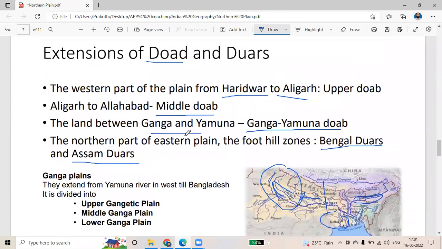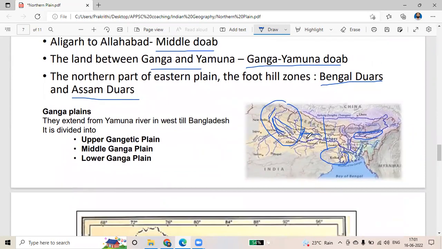Eastern plains में एक और division दिया है for the Ganga plain. That is upper Ganga plain, middle Ganga plain, and the lower Ganga plain. And at this point, we can say it as Brahmaputra plain. So instead of giving the state's name, that I mentioned earlier, the UP, Bihar, Bengal, Assam plain, instead, we can also say upper Ganga plain, middle Ganga plain, and the lower Ganga plain.